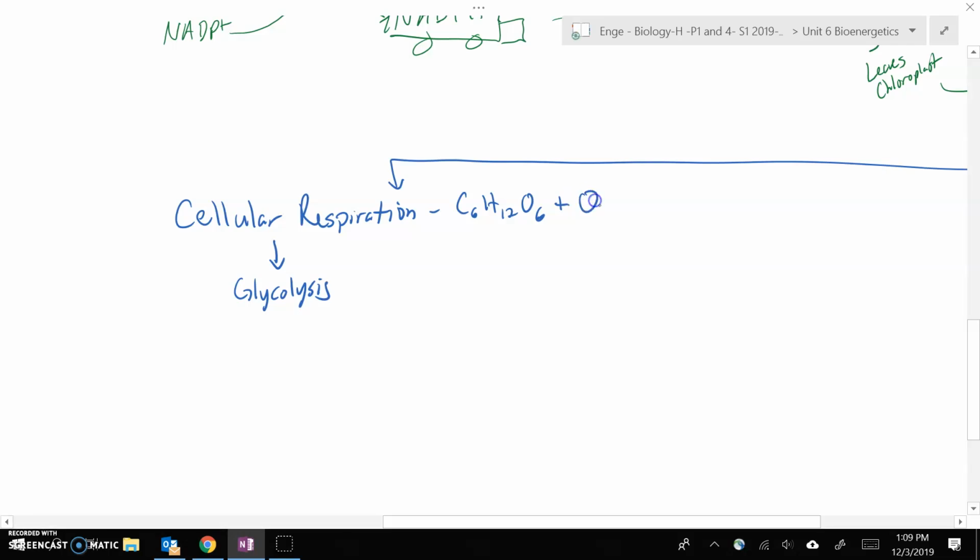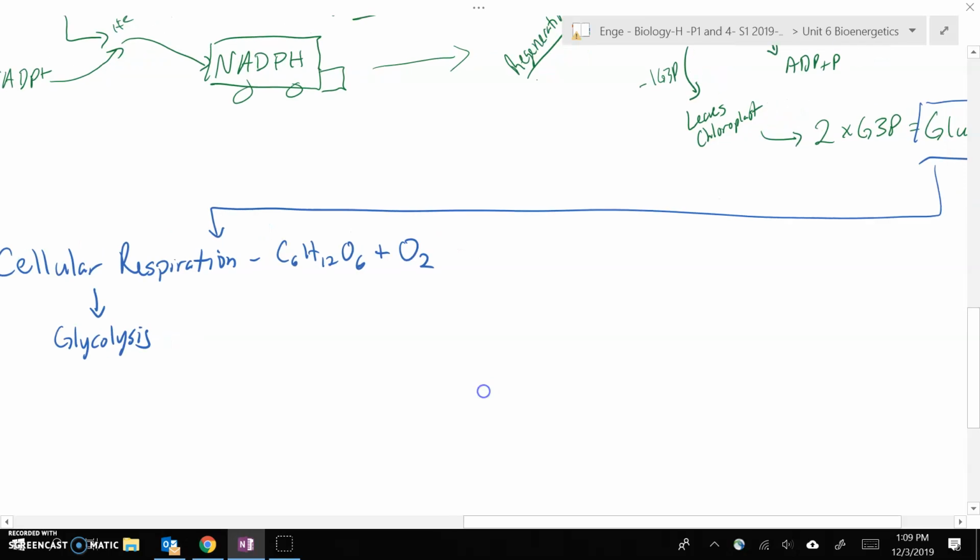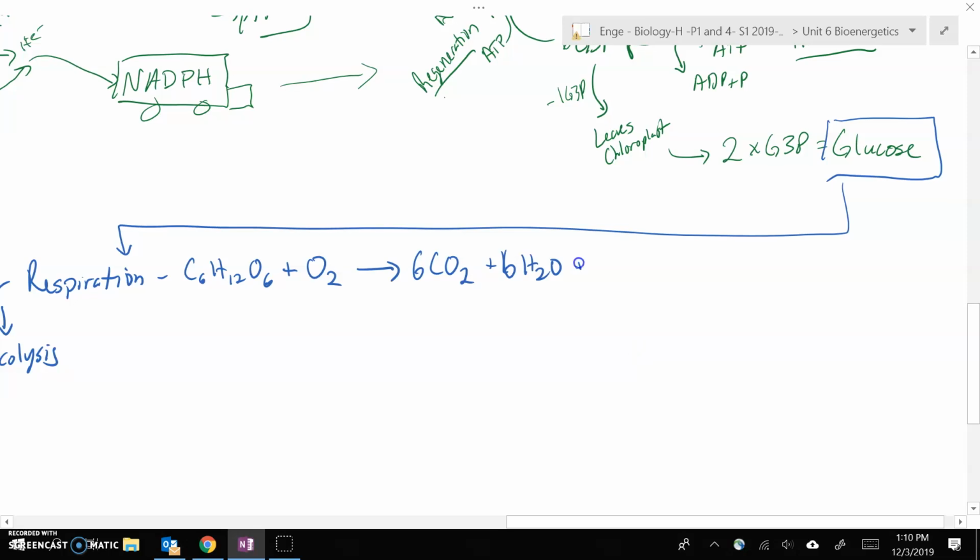Good. Oxidative phosphorylation uses oxygen. And we're going to get the CO2 that we breathe out and the water, and technically somewhere around 36 to 38 ATP.